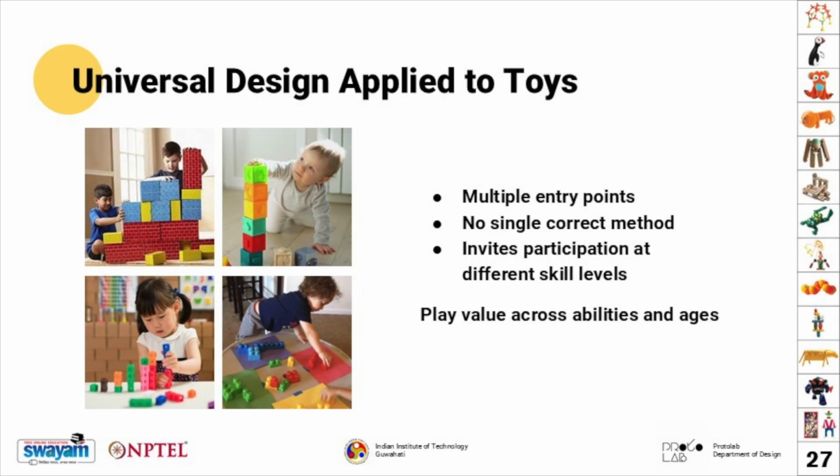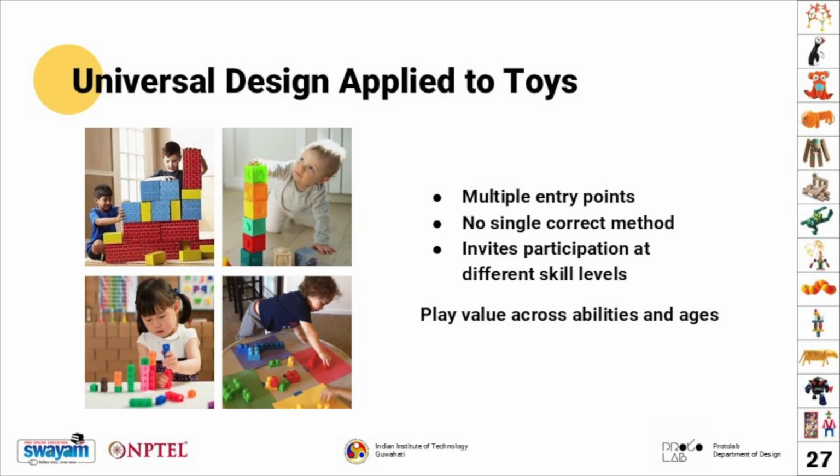For example, a set of open building blocks can be stacked, arranged, sorted, counted, or used in pretend play. Each approach reflects a different developmental and cognitive level, yet no one is excluded.